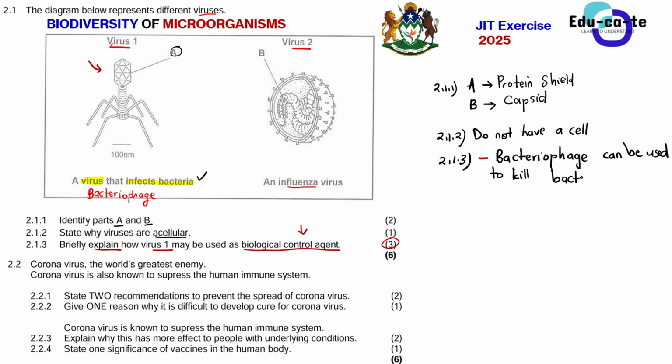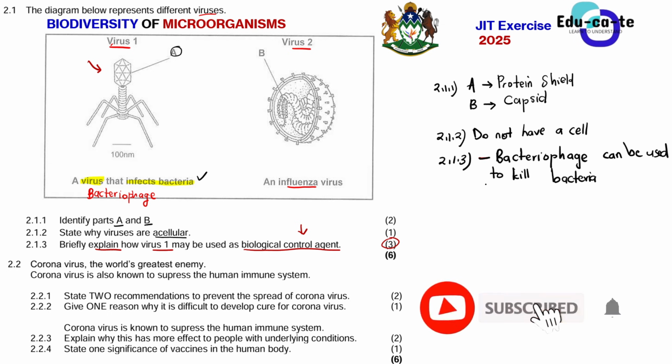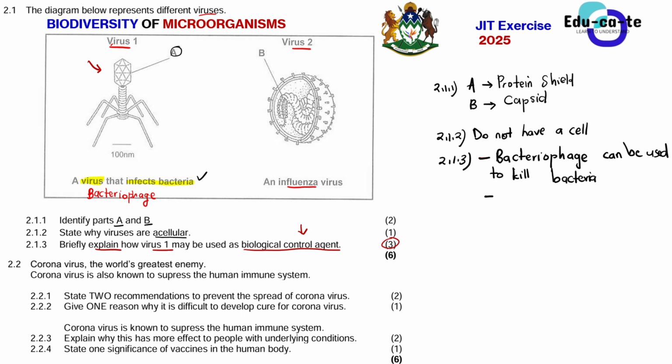So bacteriophages can be used to kill bacteria, and this will definitely help, of course. So it will actually make it easier for us to treat diseases that are caused by bacteria if we use a bacteriophage. So you can add other points just to solidify your statement. But the whole idea here is that we can use a bacteriophage as a biological control agent. We can control the spread of bacteria, so it can be used to kill bacteria.